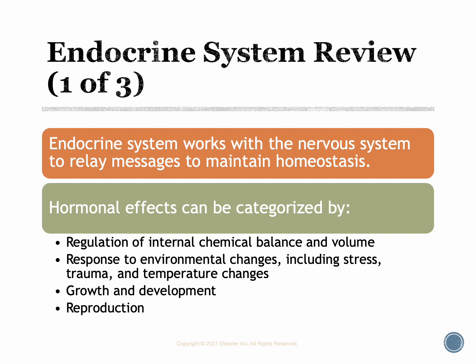They include regulation of internal chemical balance and volume, responses to environmental changes including stress, trauma, and temperature changes, growth and development, and reproduction. Now, they can be further categorized or classified as steroid or non-steroid hormones. So tuck that away. We will come back to that in a little bit.